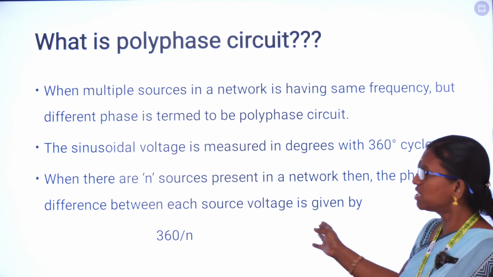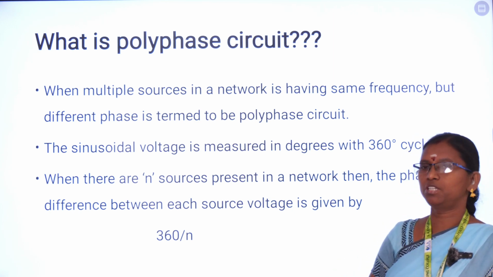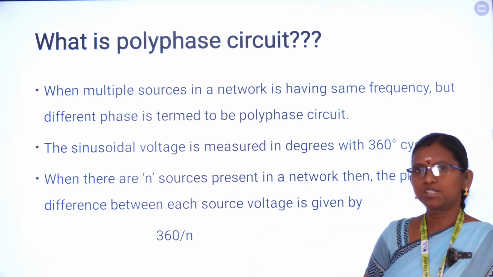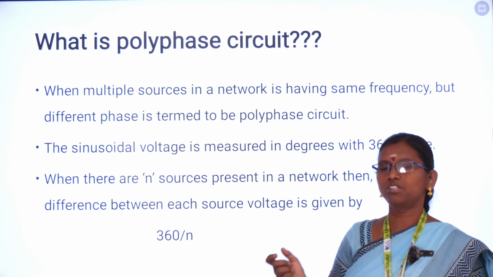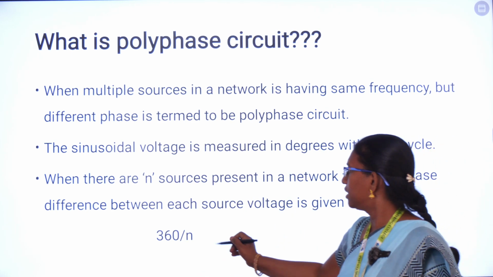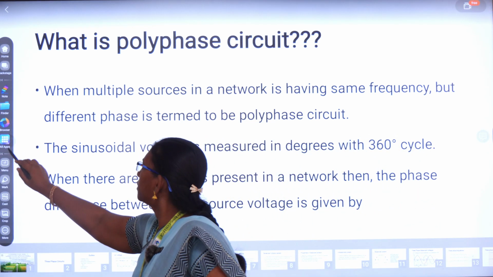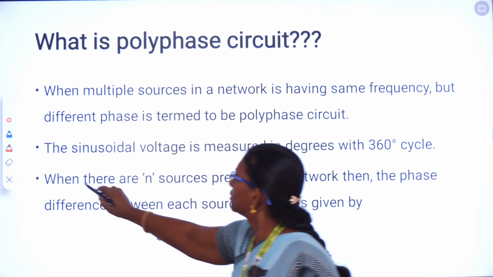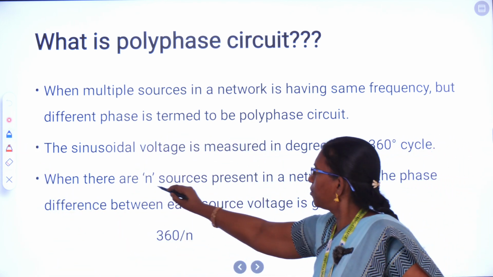Now the sinusoidal voltage can be measured in degrees, so it completes a 360 degree cycle. When there are n sources present in a polyphase circuit, the phase difference between each phase's currents or voltages is given by the relationship 360 divided by n. Here n represents the number of sources.